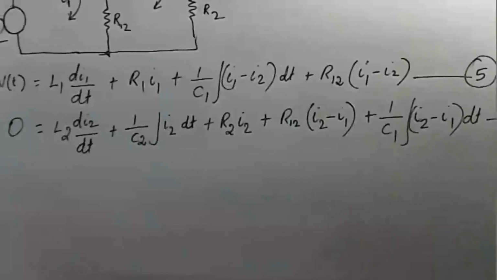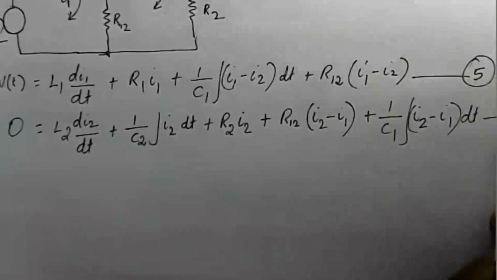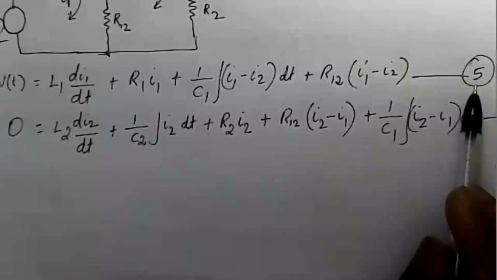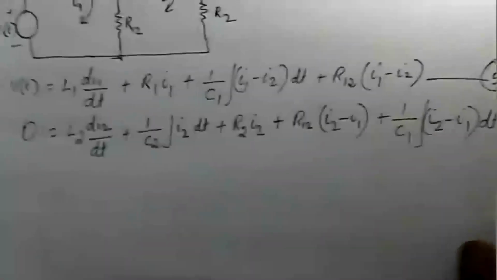Now compare equations 2 and 4 with equations 5 and 6. These are similar equations. The second equation and the fifth equation are similar, then the fourth equation and the sixth equation are also similar.